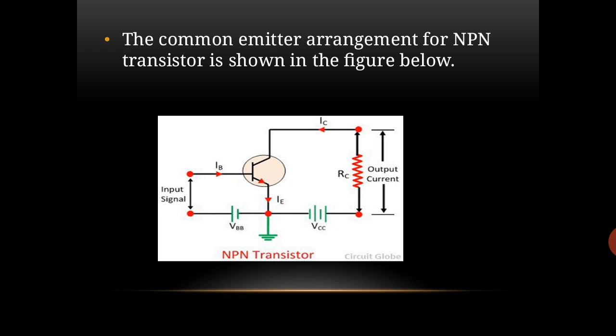IB is the current through the base, meaning base current. IE is the emitter current. IC is the collector current, and VBB is the base voltage, meaning the input signal provided to base and emitter, and VCC is the output signal which is connected to collector and emitter.